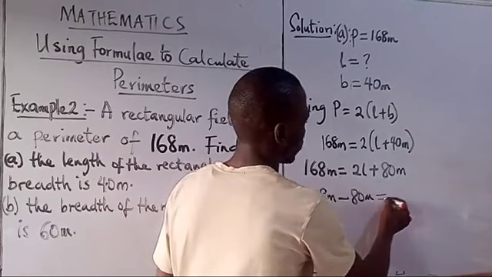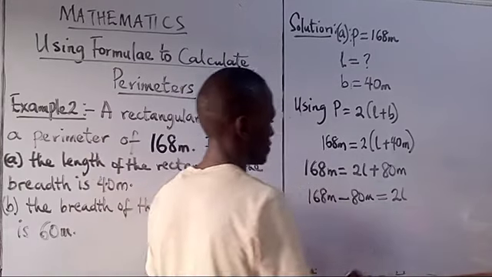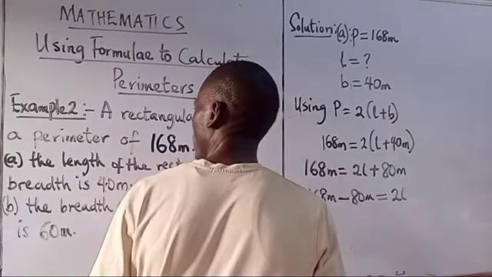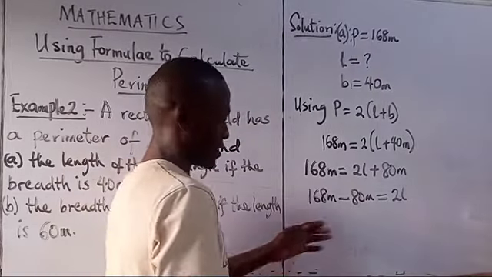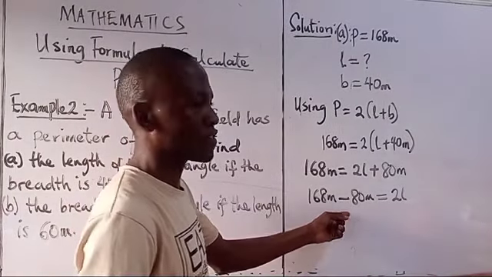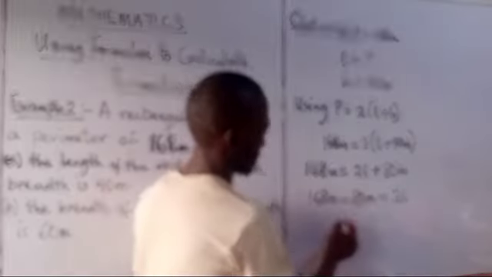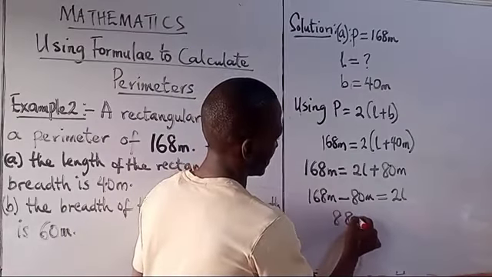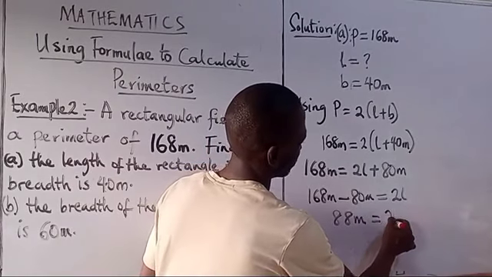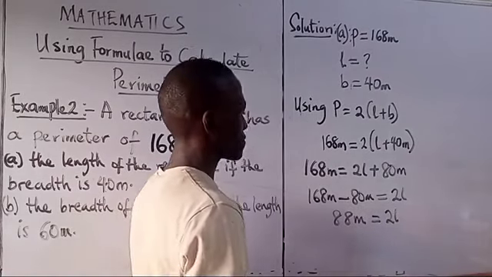So equals 2L. Now 168 meters minus 80 meters is giving us 88 meters equals 2L.